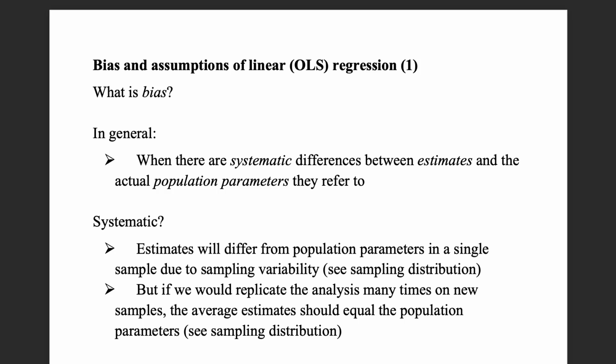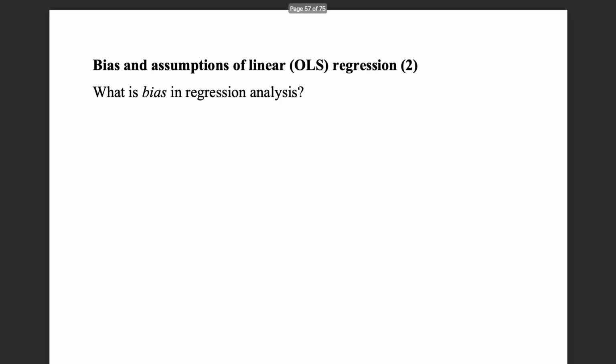If we would take the average of all our regression coefficients, that average should be identical to the population regression parameter. And that's true for every statistic. So in other words, bias is a situation where this is not true, where something is going wrong in such a way that the average of our sample estimates is not identical to the true population parameters. So that's bias in general.